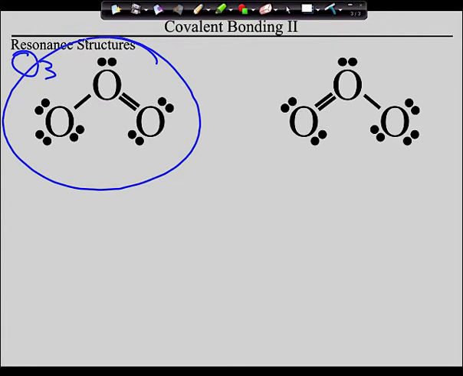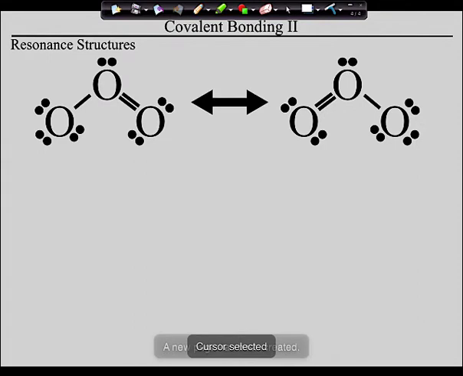If you drew that as the structure of ozone, it's wrong. Ozone is not a double bond and a single bond. If you drew this as the structure of ozone, you'd also get it wrong, because it's not a double bond and a single bond on the other sides. So what is the structure of ozone? It's the average of these two. So how do you represent that? The only correct way to represent that is with a double-headed arrow between the two structures.